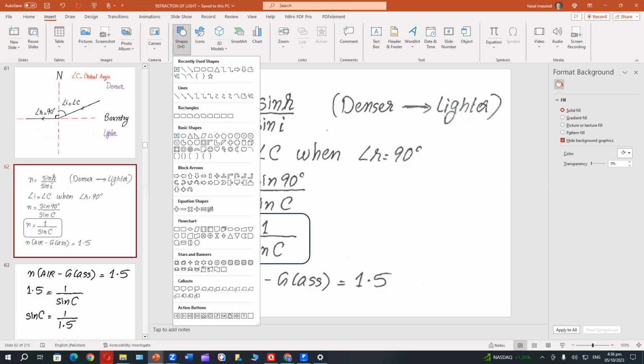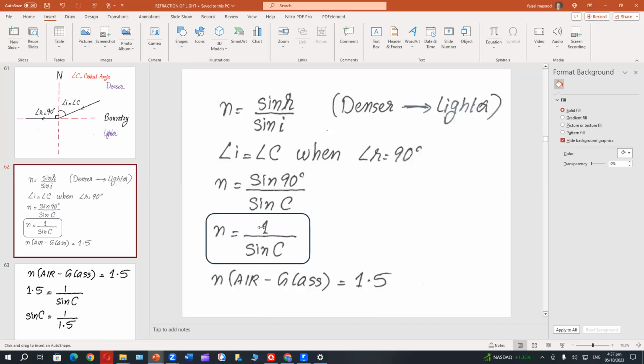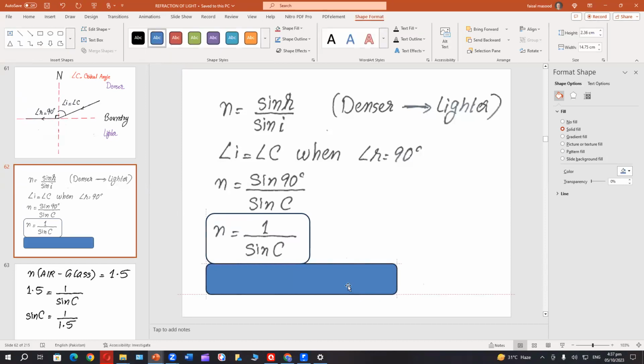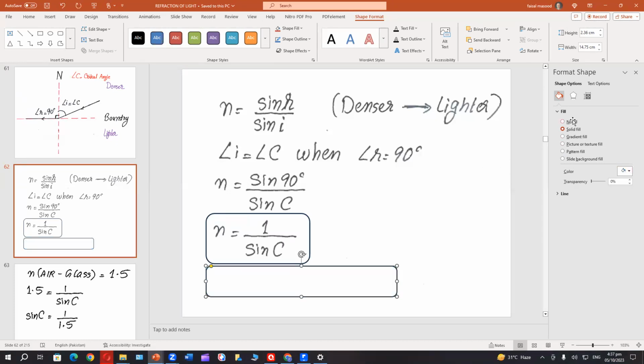The formula for critical angle is n is equal to 1 upon sine C. This is the formula for critical angle. So you have to copy this derivation.